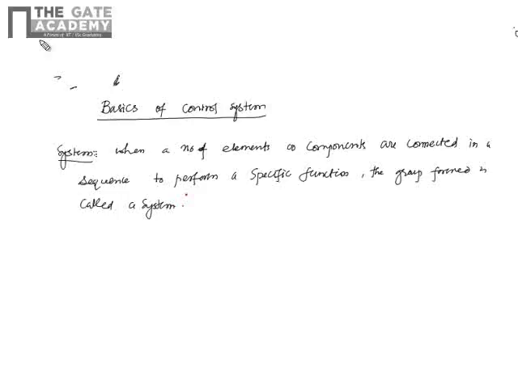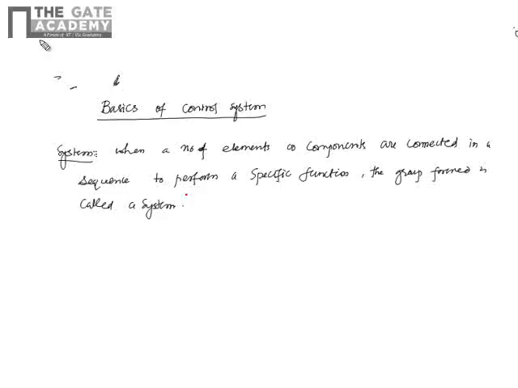Then, what is a control system? A control system means a system consisting of a number of components connected together for a specific function. In this, the output quantity is controlled by varying the input quantity. Then the system is known as a control system.